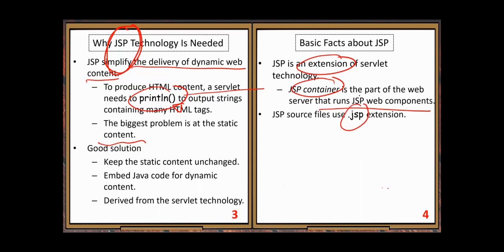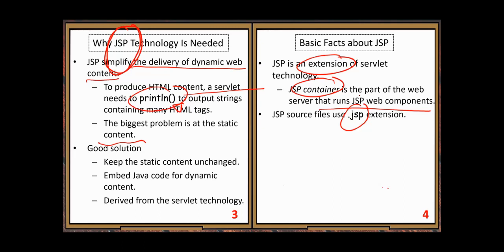So you tell the Java server, this is my JSP file. If you do not use the .jsp extension, then the server will not process it as a JSP file. So you have to tell the Java server to process this file as a JSP file, because the server will do the translation.